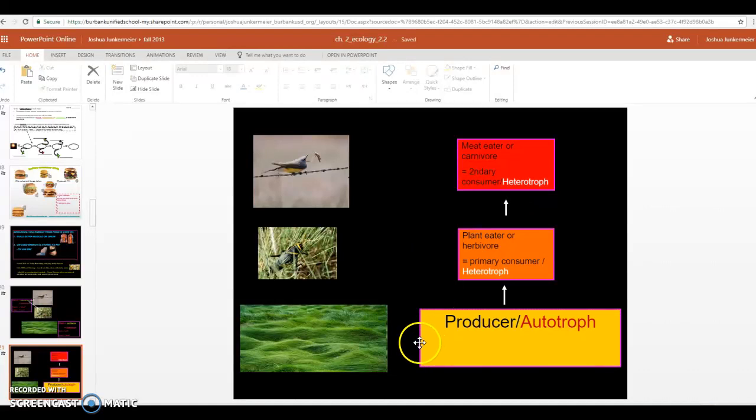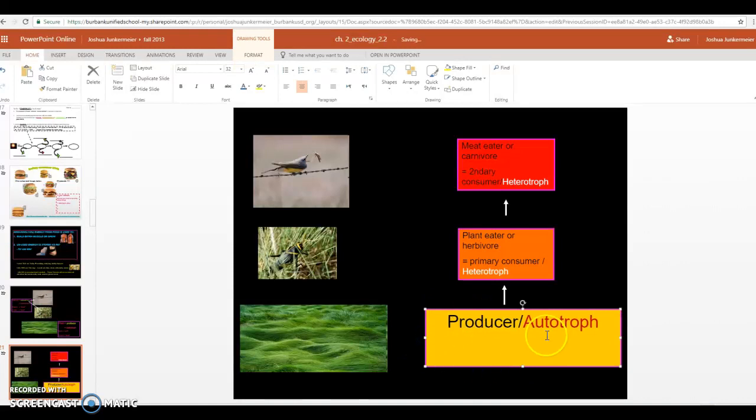So we're taking these complicated images and we're going to simplify it like scientists do, and we're going to take one box, make it bigger than the other two, and this box we're going to call producers or autotrophs. And we're going to draw an arrow to show that energy is being transferred to this slightly smaller box called primary consumers.